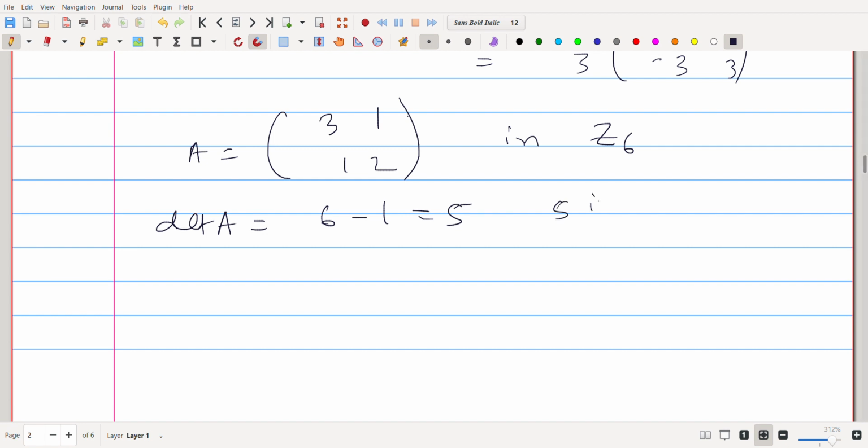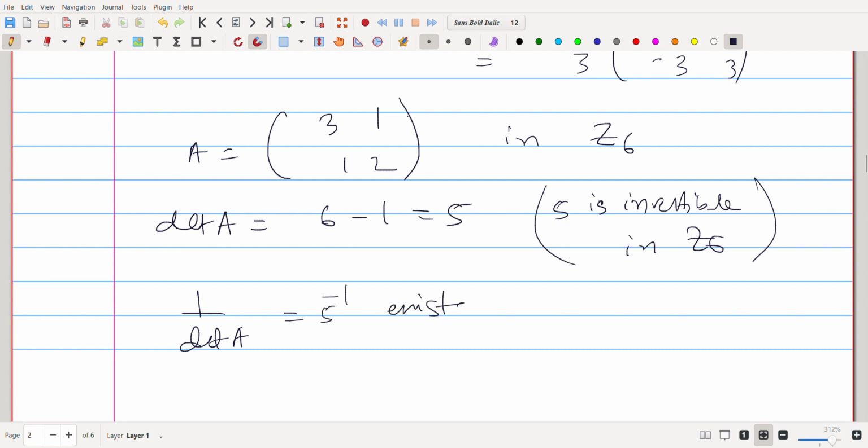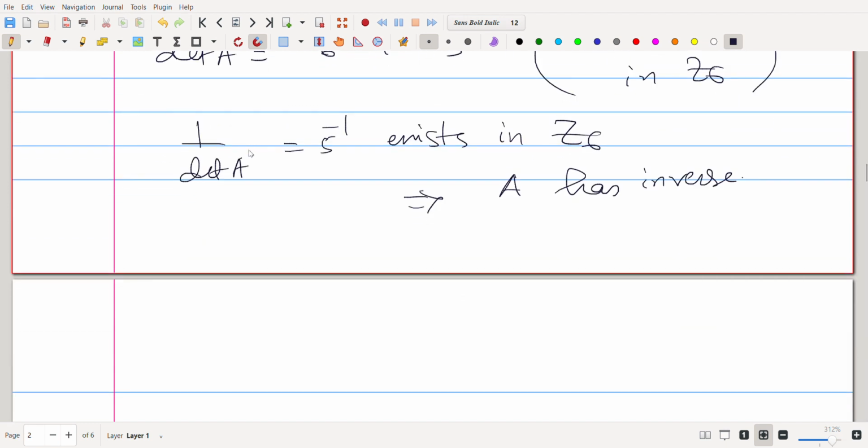Now 5 is invertible in Z6. That means 1 by the determinant of A, which is 5 inverse, exists in Z6. This will imply A has an inverse. So the third one is correct.